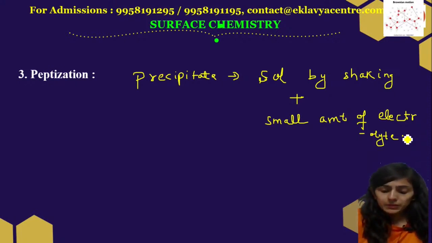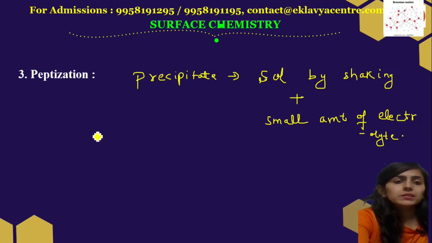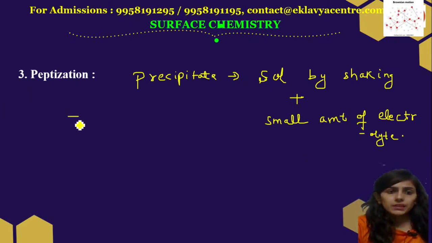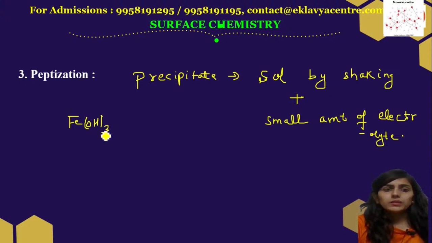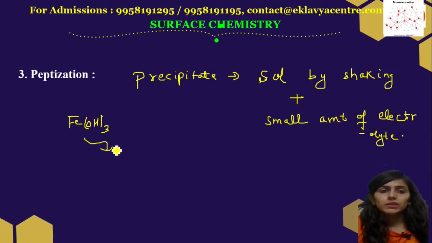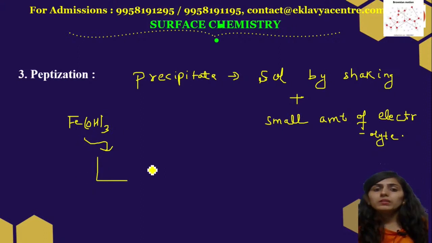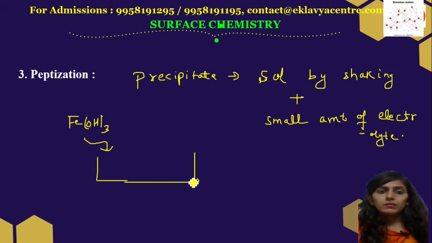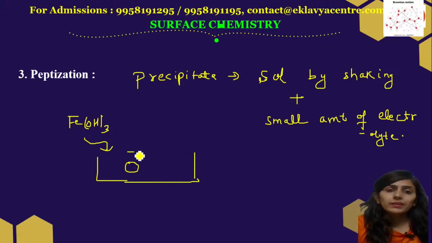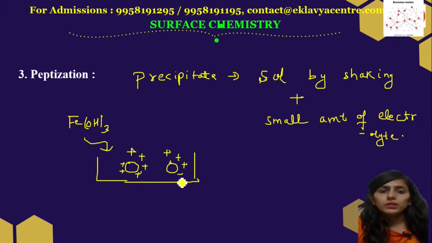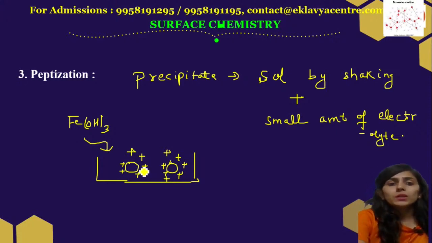Suppose we have just prepared a sol of Fe(OH)3. Now if I add an electrolyte into it, the sol particles will adsorb either positive or negative charge on the surface, which will prevent further coagulation, because now they both have the same charge on the surface.